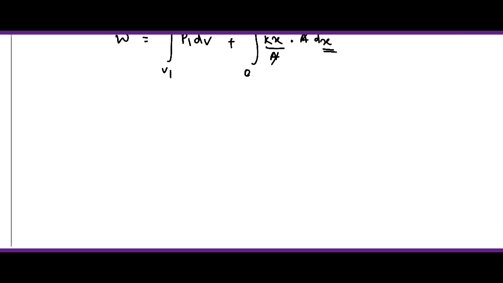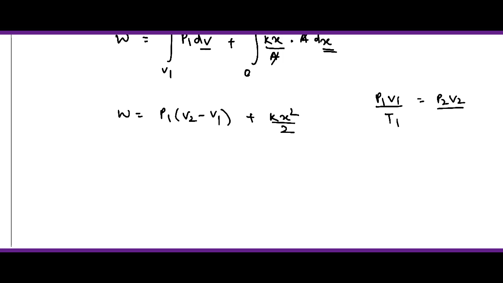Now integrate these terms. I will get finally W equals P1 is constant and the integration of dV is V, putting the limits V2 minus V1, final limit minus initial limit, plus kx square by 2. Okay, now from the ideal gas equation, I can write for initial and final condition P1 V1 upon T1 equals P2 V2 upon T2.